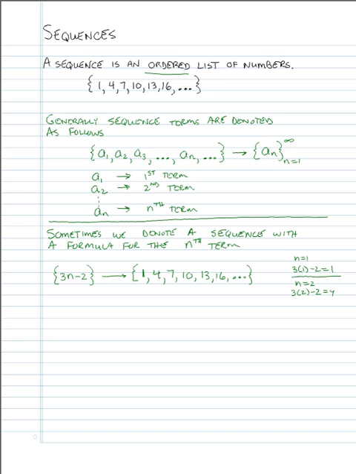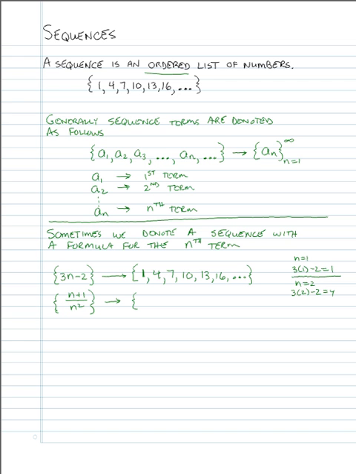Here's another example. We might see n plus 1 divided by n squared. If we want to know the first term, then we would just allow n to be 1.